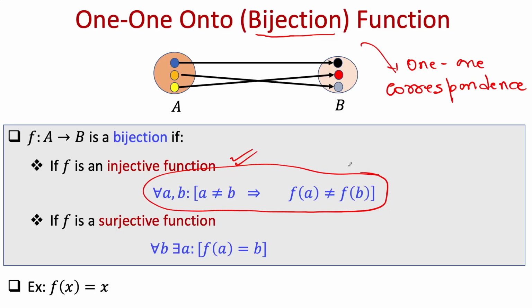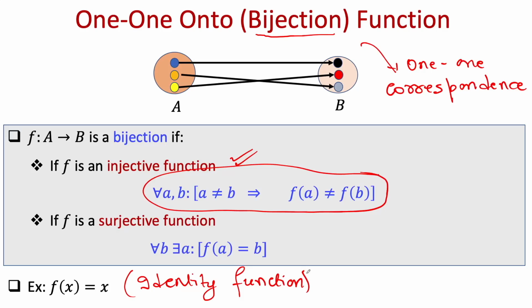So if I take the function f of x being x, this is also called the identity function. Why is it called the identity function? Because every element is just mapped to itself, and it doesn't matter what the domain and codomain of this function are. This will always be a bijective function.